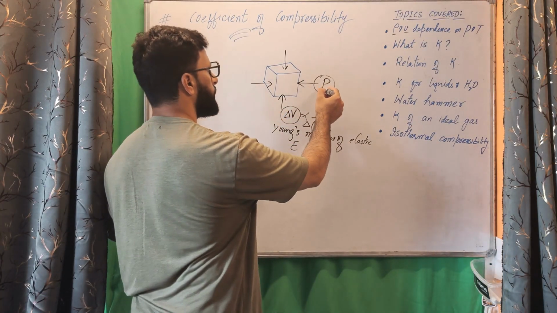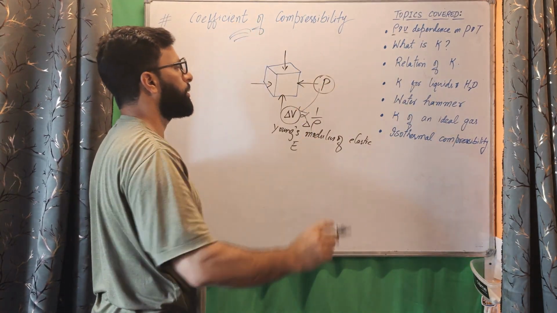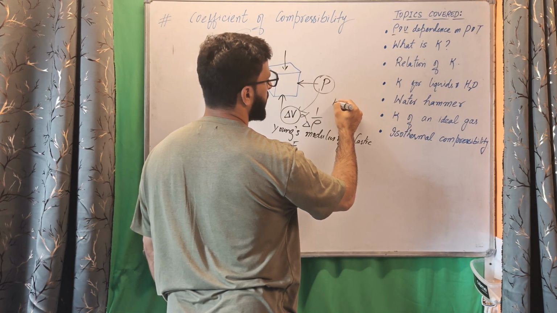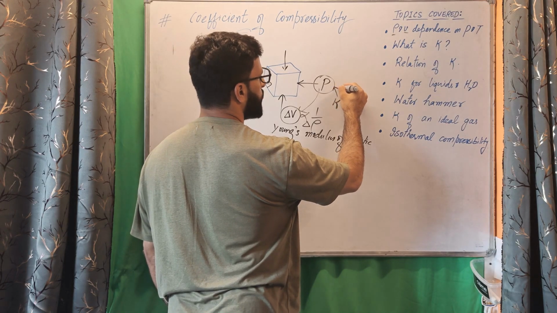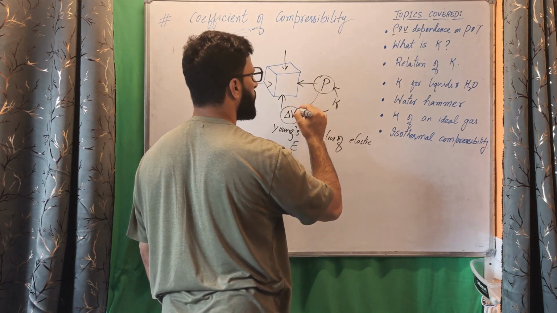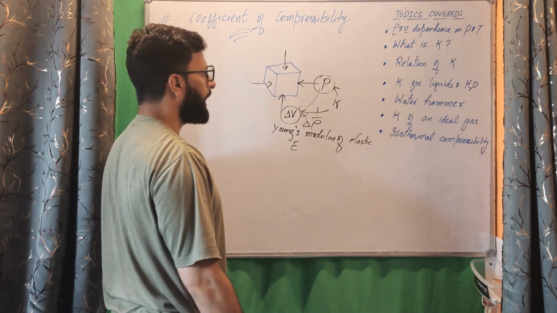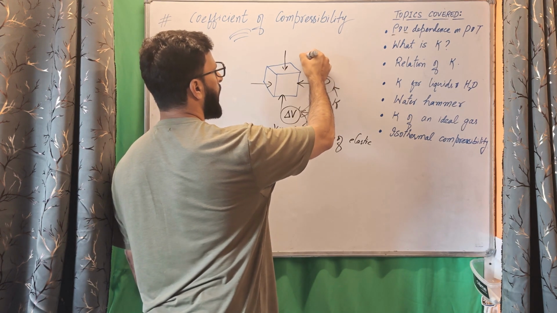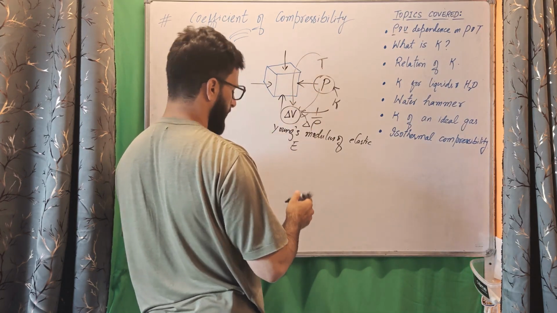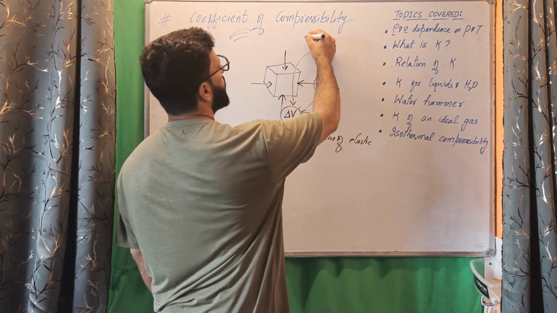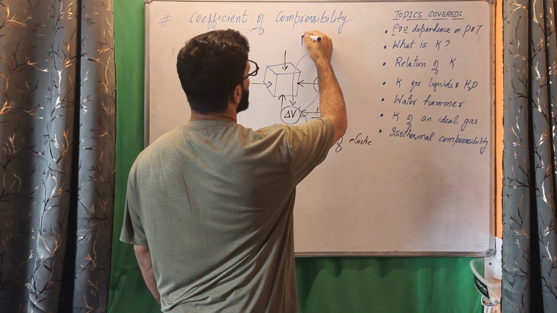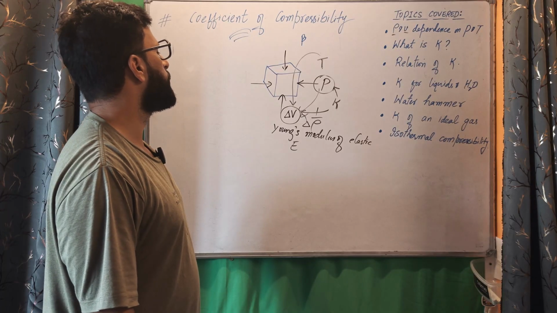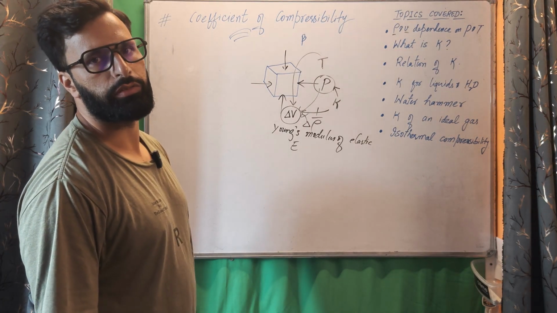When we relate pressure change with the volume change, it leads to the coefficient of compressibility. So we have a property called kappa that gives us how pressure changes the volume or density. And when temperature changes, how volume changes is given by another property, denoted by beta, which is called the coefficient of volume expansion.